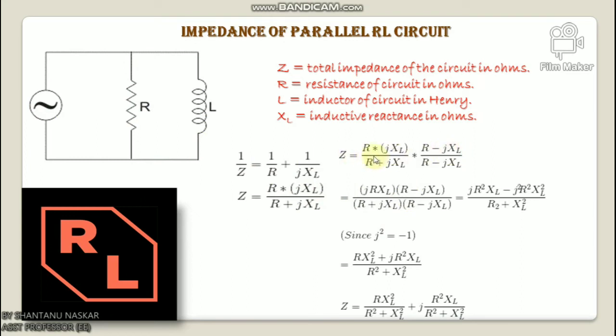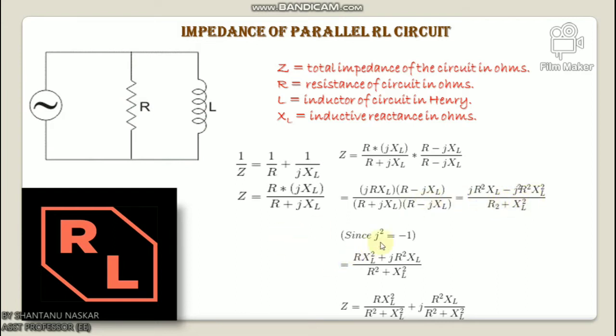So now Z equals R into JXL by R plus JXL, into R minus JXL by R minus JXL. From this equation we can write J R square XL minus J square R XL square, by R square plus XL square.